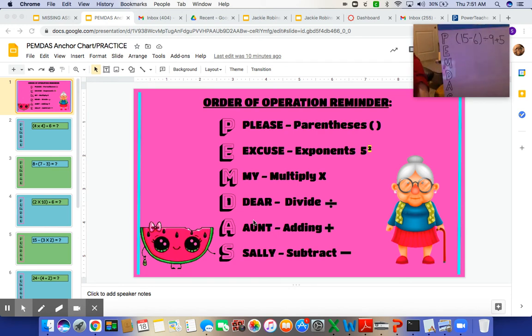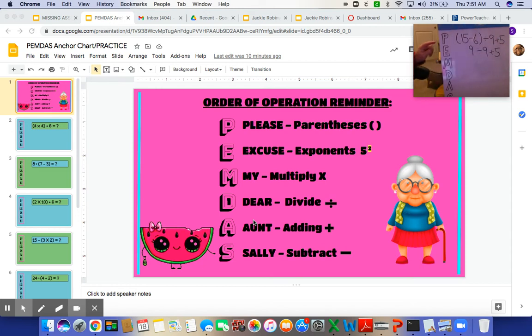Think in your mind what you would do first. I hope you said parentheses, right? So parentheses is first. So we do 15 minus 6, which is 9. And then we bring down our divided sign and our plus 5.